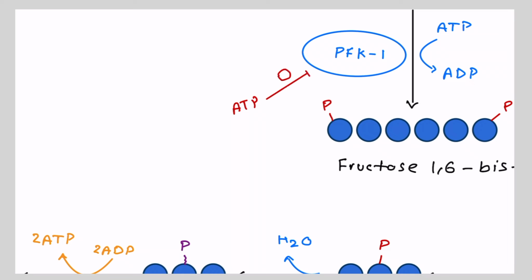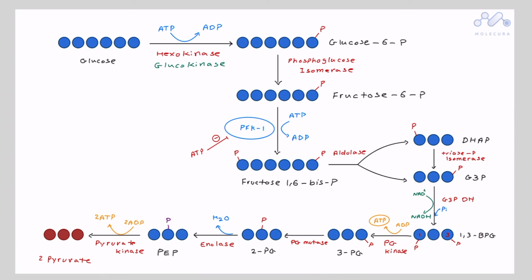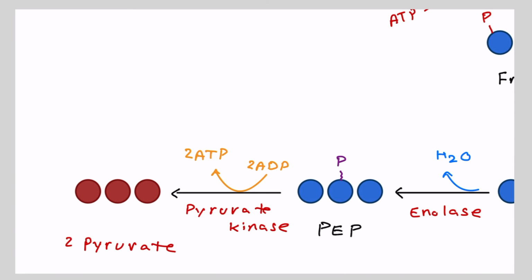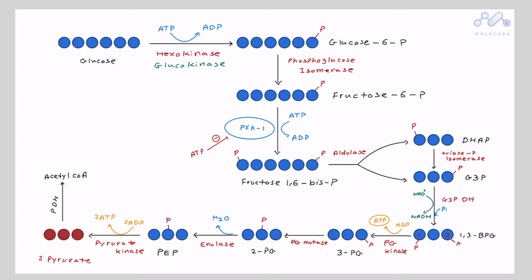ATP inhibits phosphofructokinase 1. Now, when we have our pyruvate here getting converted into acetyl coenzyme A, through the action of pyruvate dehydrogenase, and acetyl coenzyme A is going to go into the TCA cycle.